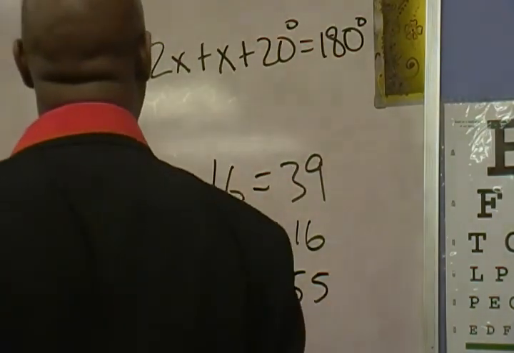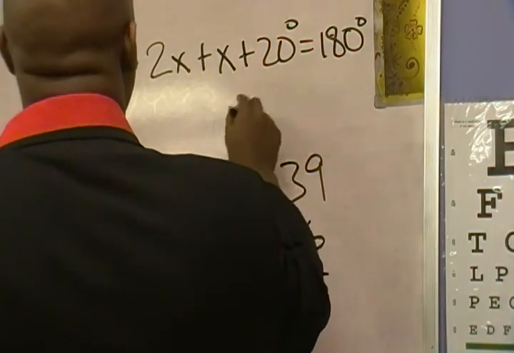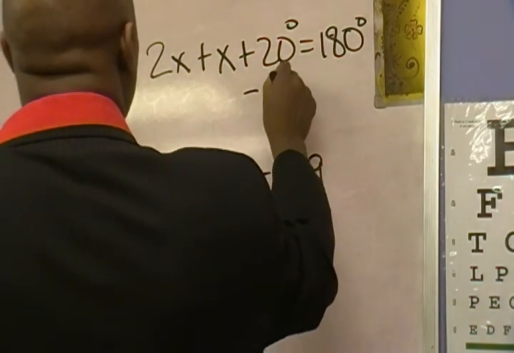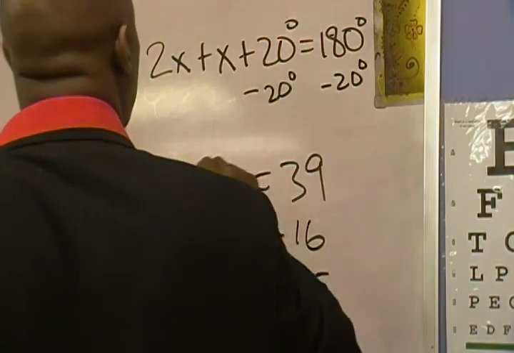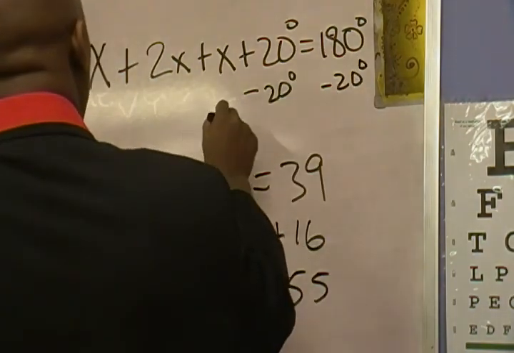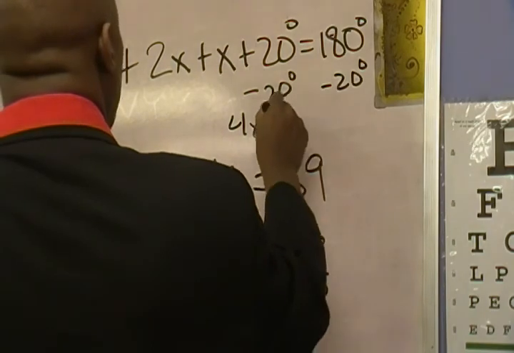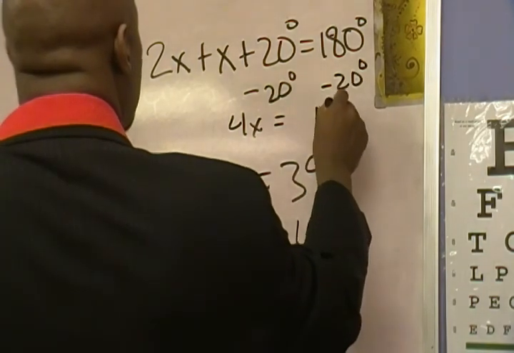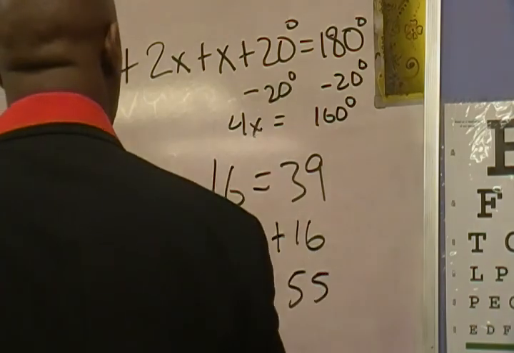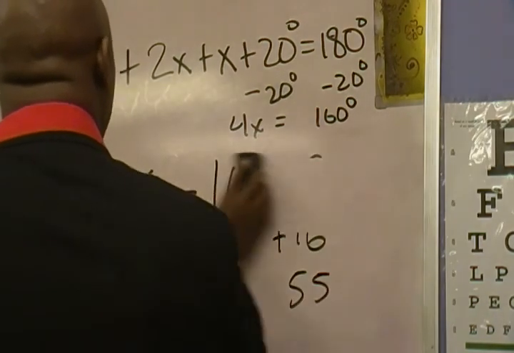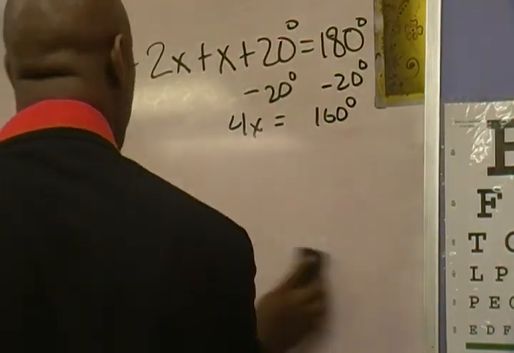So the first thing that we did, we had to get rid of this 20, so we subtracted the 20 degrees, and that gave us 4x equals 160 degrees. Then let me move this stuff out of the way so I can break down this whole problem for you.